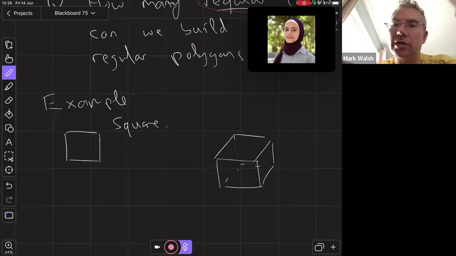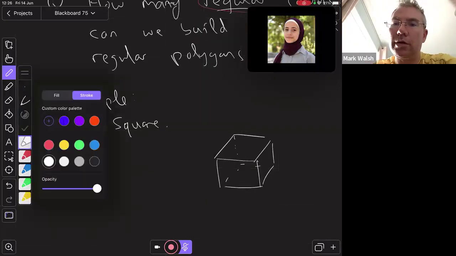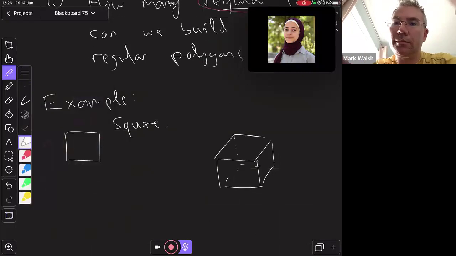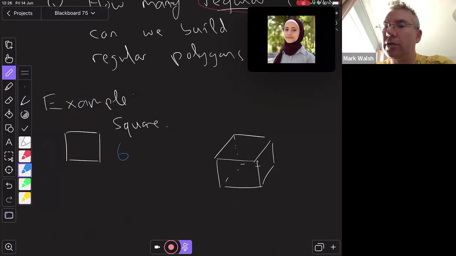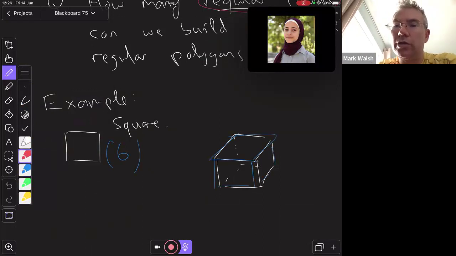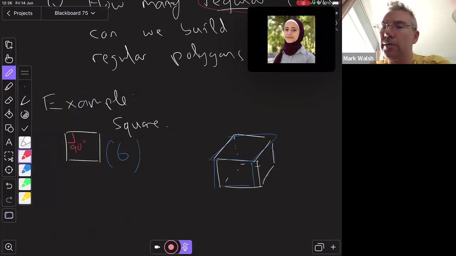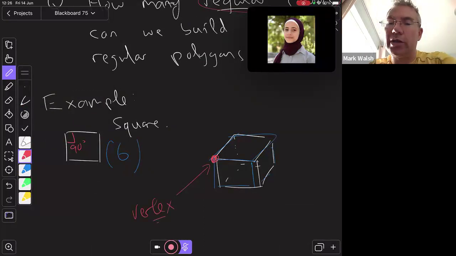So we just need 6 of these, and we can put them together and build ourselves a cube. Notice that the angle here is, of course, 90 degrees. And at each of these points, called vertices, this is a vertex or a corner, you can see that there are 3 squares meeting.